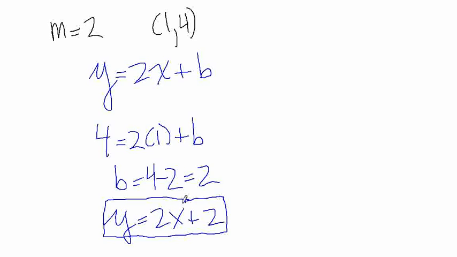Now, a related problem is where you're not given a slope and a point, but rather you're given 2 points. Suppose we needed to find the line equation that corresponded to the line through the points (1, 2) and (3, 4).